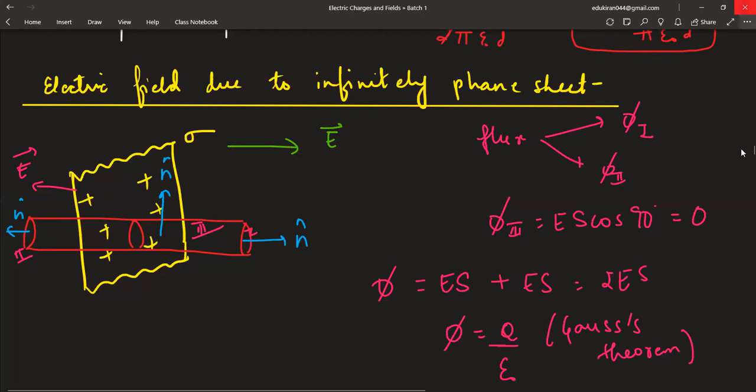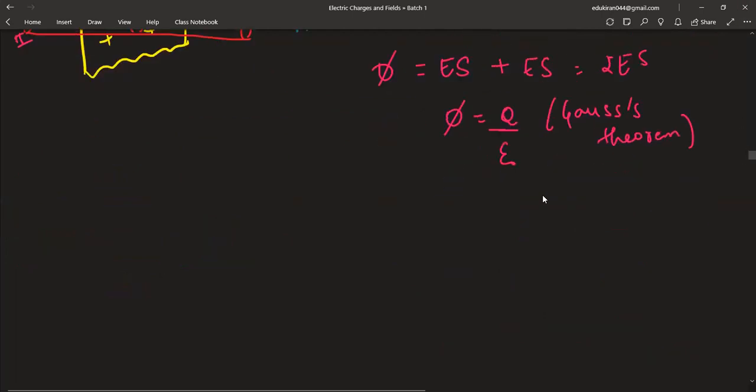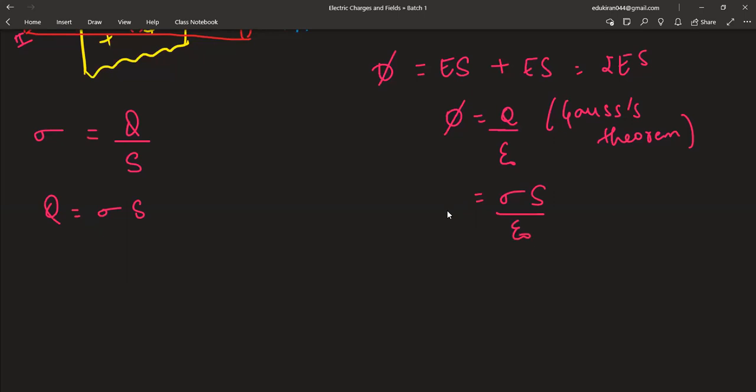Everything is the same, the steps are the same, but this is a sheet, a two-dimensional figure. So the continuous charge distribution we studied in the last class, we'll consider the surface charge distribution, charge per unit surface area. So charge would be sigma into S, giving sigma S divided by epsilon naught.